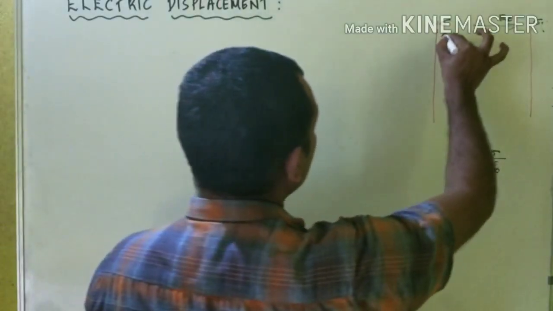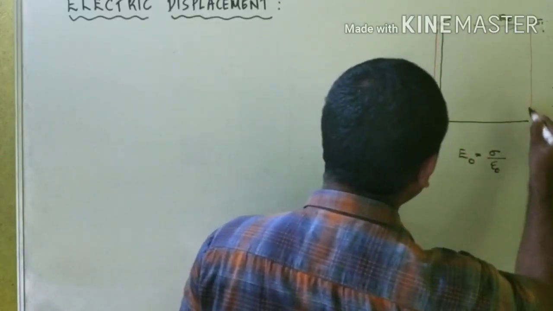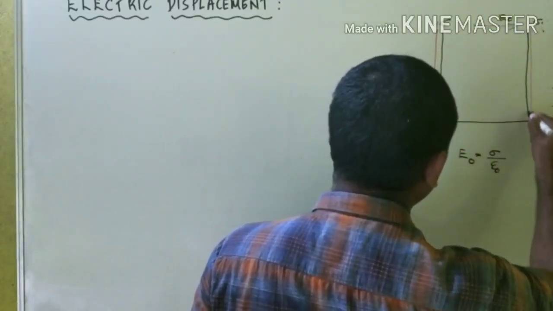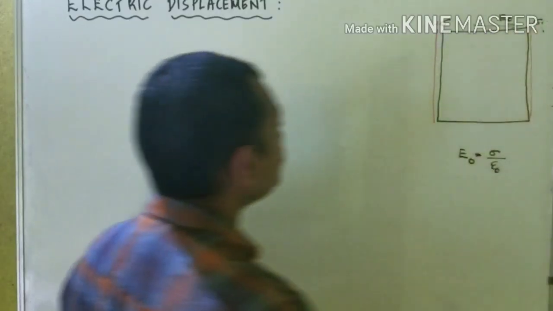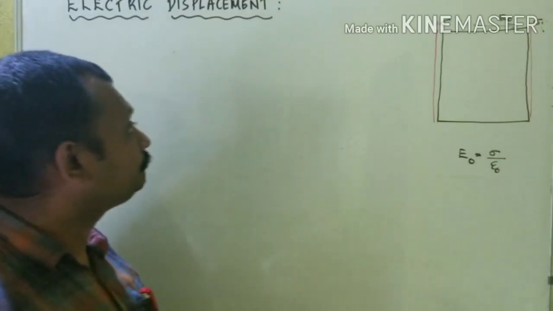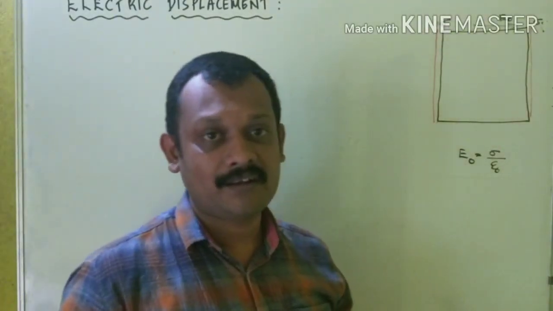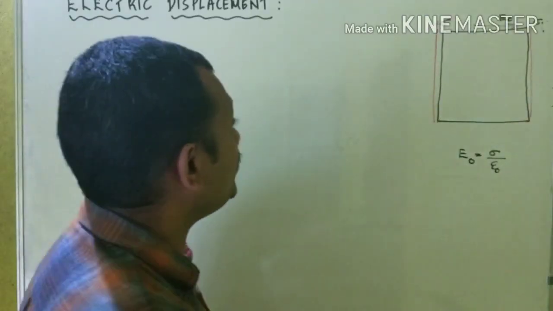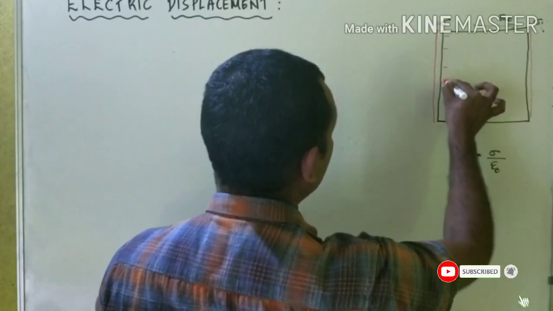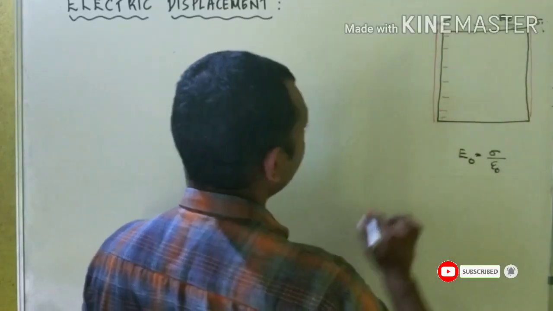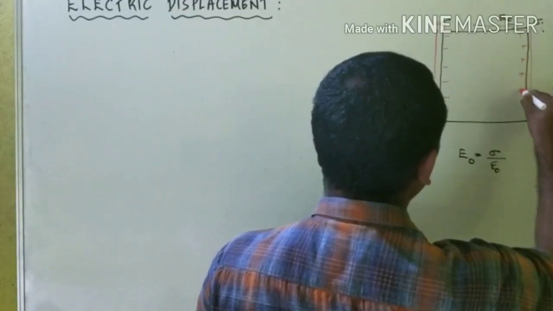What I'm going to do next is place a dielectric which occupies the space between the plates of the capacitor. What will happen? As a result of placing a dielectric, polarization occurs, and we know that negative charges will be accumulated here and positive charges on the other side of the plate.